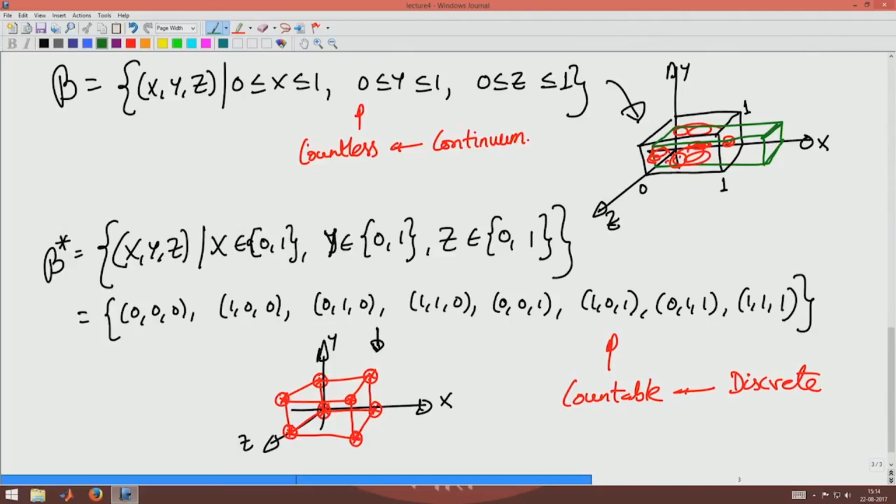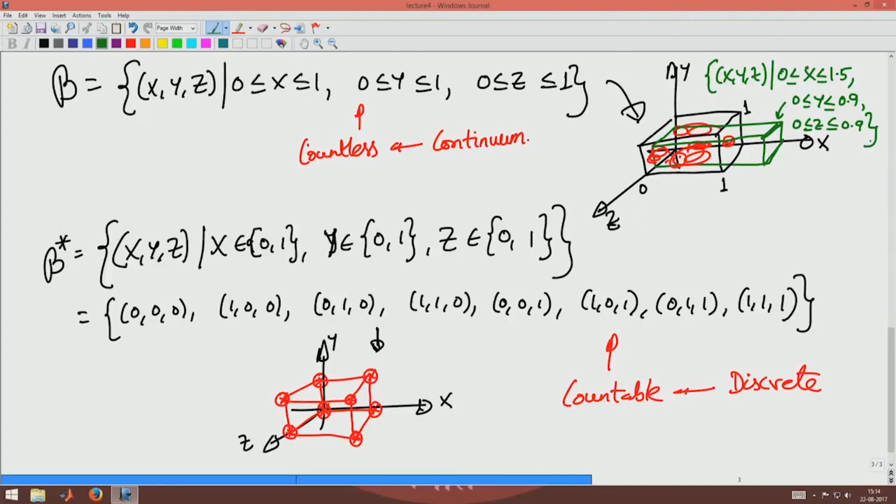Now, I will represent this green body as a Cartesian set of x, y, z, where x still varies from 0 less than or equal to x less than or equal to 1.5 say, y varies from 0 less than y less than or equal to 0.9 say, and z 0 less than z less than or equal to 0.9.